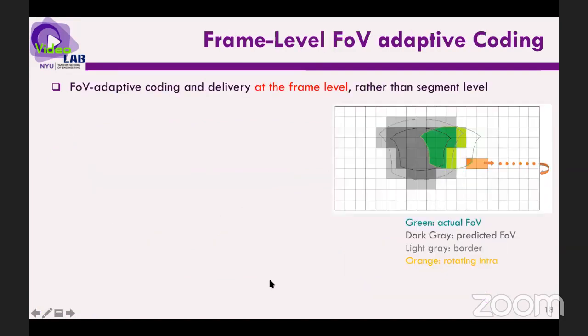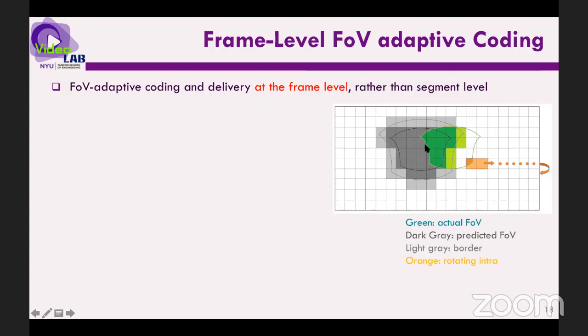In order to minimize the delay, the FOV adaptive coding and delivery has to be conducted at the frame level rather than segment level, as in the video on demand and live streaming applications. So in our system, we use this structure to code a video frame.